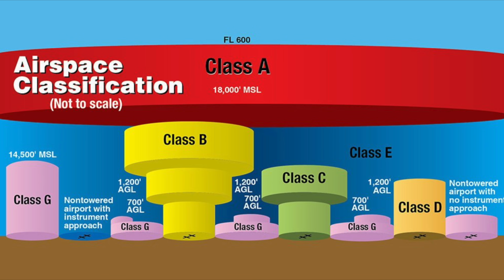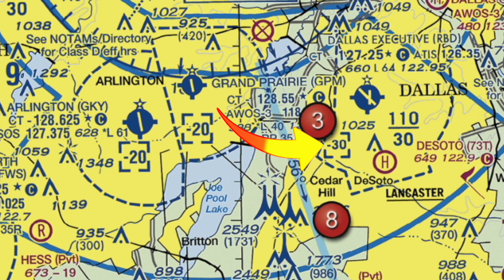The only airspace that is measured in AGL is Class G airspace, and then Class E airspace can be measured in either MSL or AGL. We just went over that in the video previously. And right now we're looking at Class D airspace, which is measured in MSL. You're looking at a 30 with a box around it and a minus sign. What does that mean? Well, if you think that that means 3,000 feet MSL, then you will be making a common mistake.